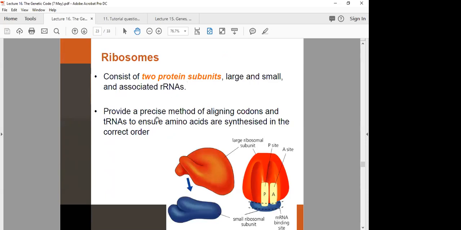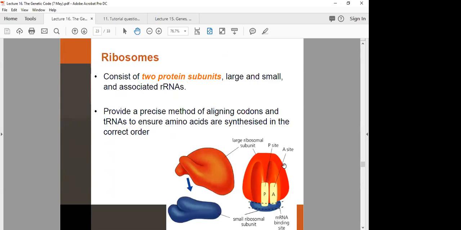The ribosome provides a precise method of aligning the codons that you find in the messenger RNA and aligning the transfer RNA molecules that are bringing in the amino acids. And this ensures that the amino acids are synthesized in the correct order.